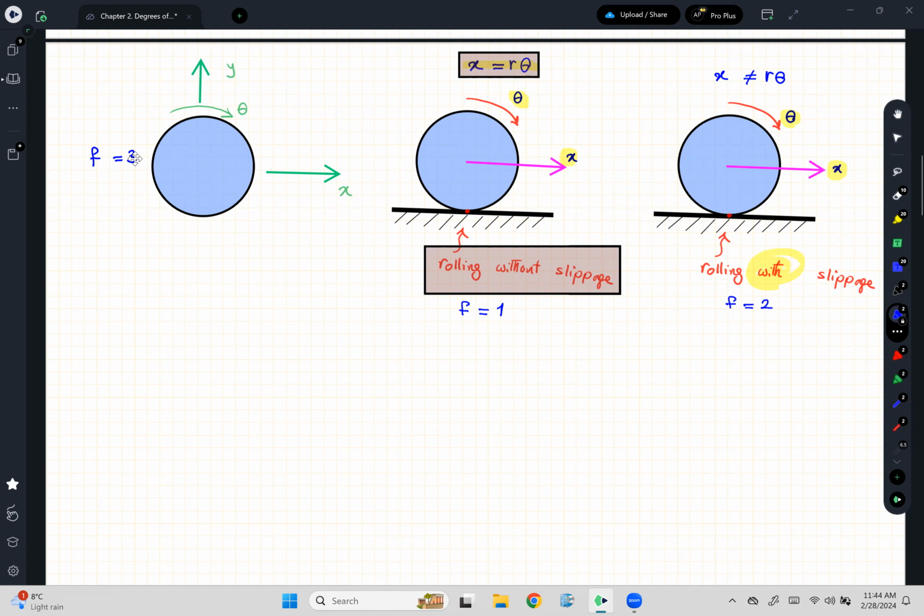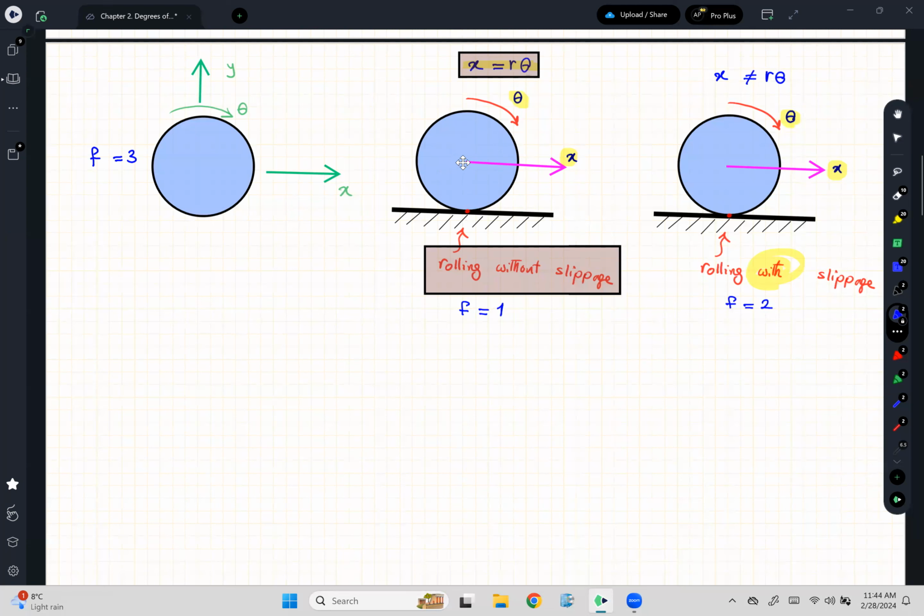The original disk had x, y, and theta. These two disks have to stick to the ground, but one of them can roll, maybe because of the weight of the car or something. They always touch the ground, okay? So there is no y motion.